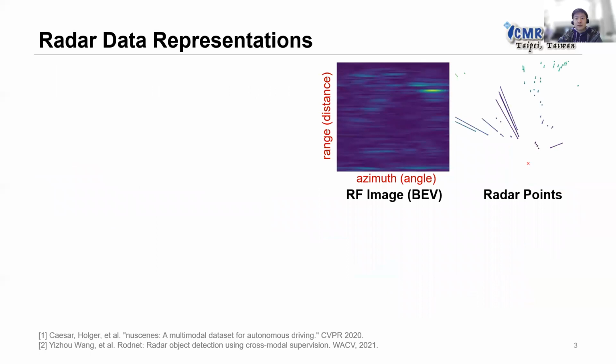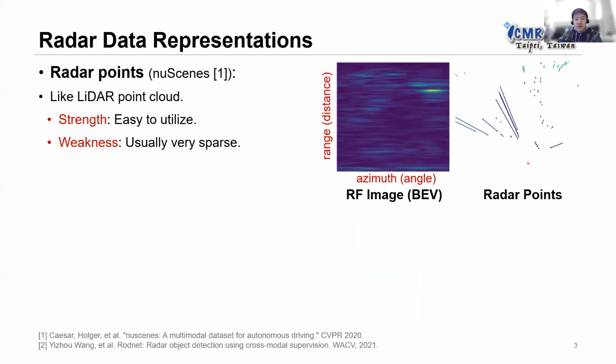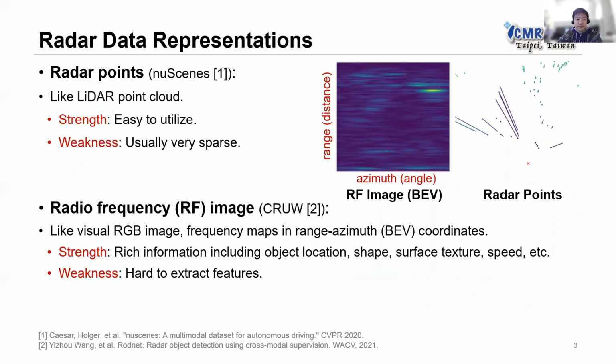Typically, there are 2 different radar data representations. Radar points, used in the nuScenes dataset, are an intuitive representation that shows the 3D locations of the reflected points. However, they are usually very sparse and can hardly describe object semantic or texture information.